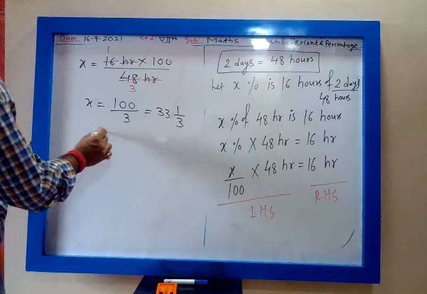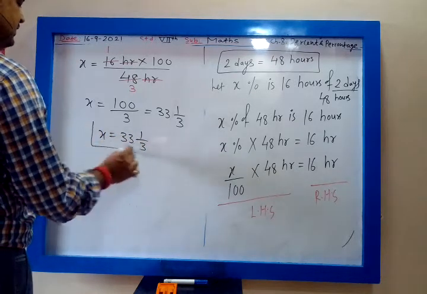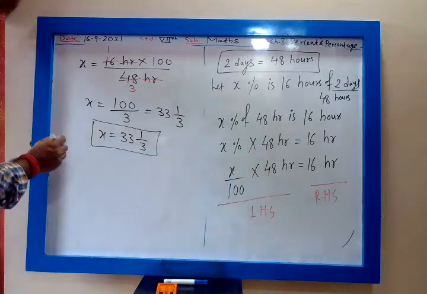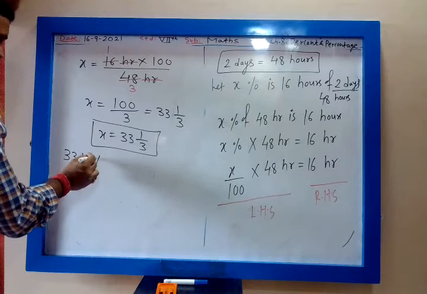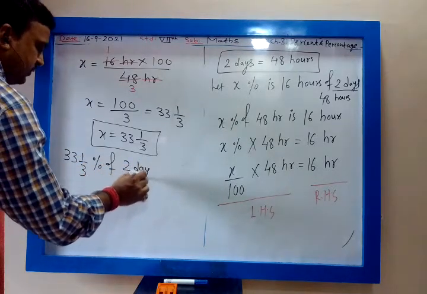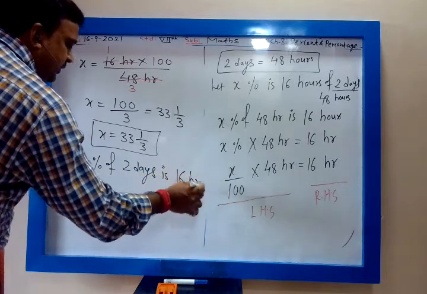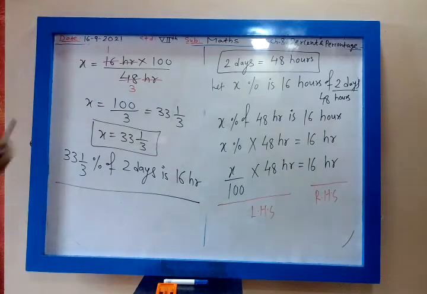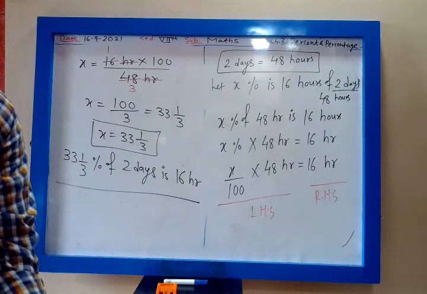So x is 33 1 by 3. So we write 33 1 by 3% of 2 days is 16 hours. Is it clear?